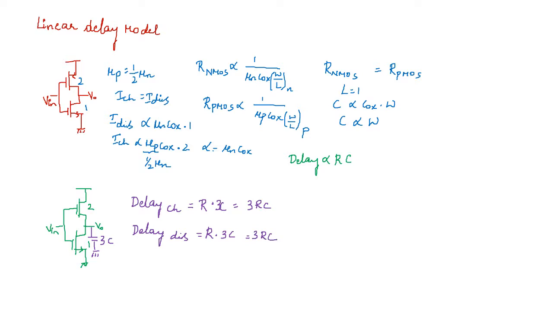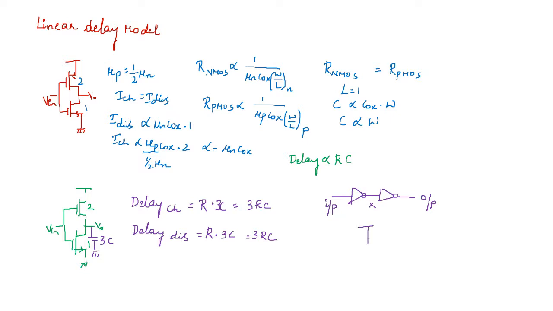So now I have an inverter here. What if I cascade this inverter with another inverter? Now this is my input, this is an intermediate node X, and this is the output. So now we'll have to calculate the charging and the discharging times at X, right? So what do we do?